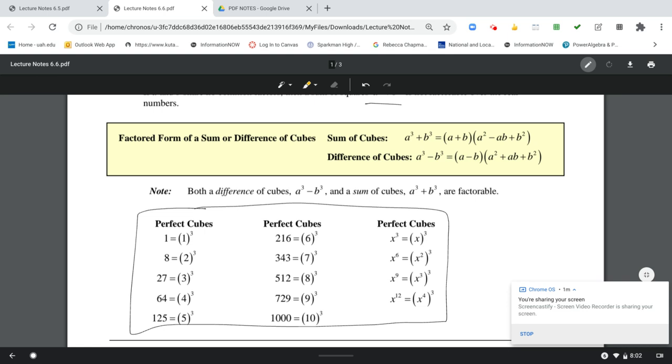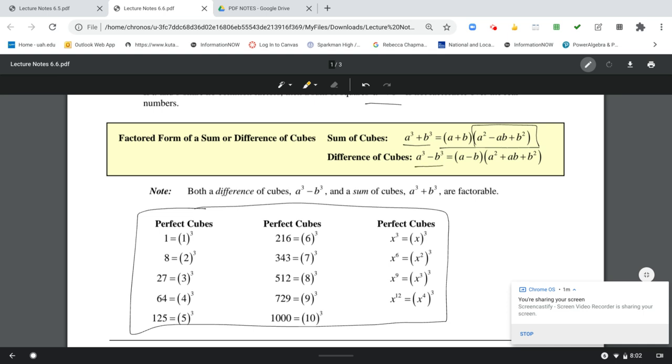Now, there is a set formula. So when we factor a sum of cubes, a cubed plus b cubed, we're going to have a binomial factor every time, a plus b, and then we are going to have the same trinomial factor, a squared minus ab plus b squared, every time.